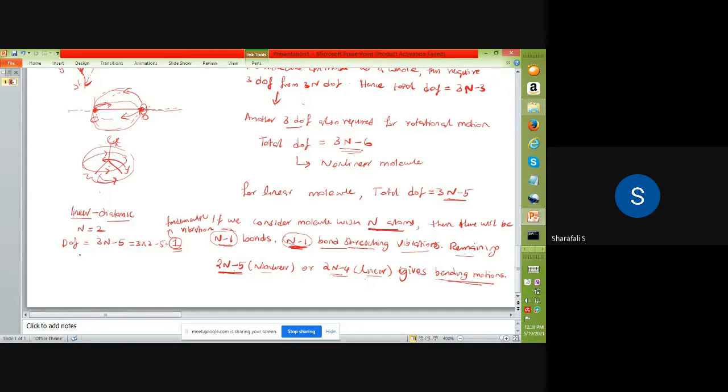For example, consider water, H2O. H2O is a non-linear molecule. You know that the molecule has a bent shape with an angle of about 104 degrees. So this molecule is not linear.